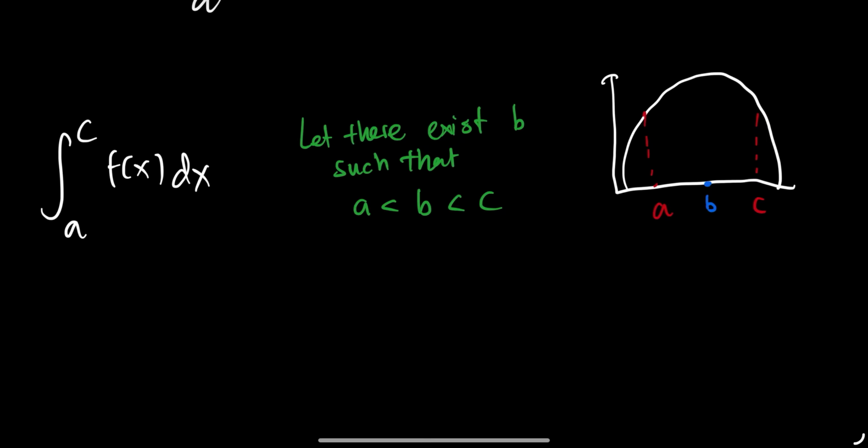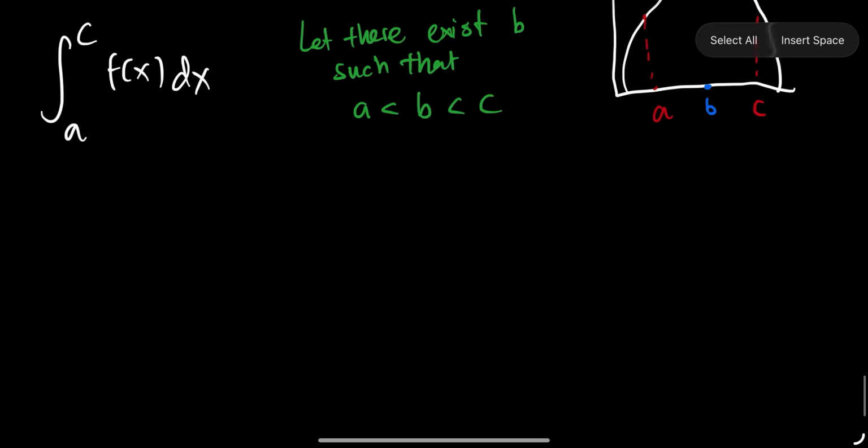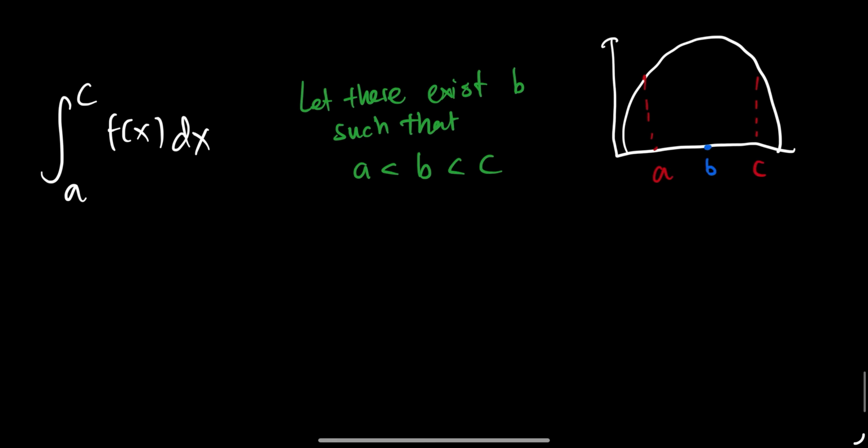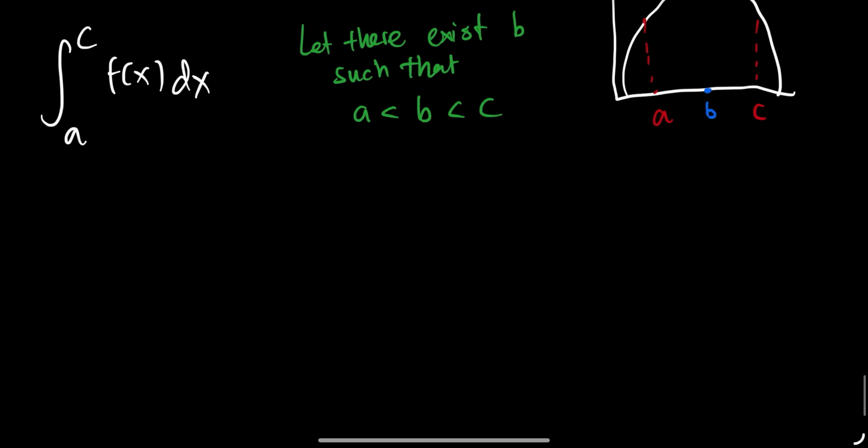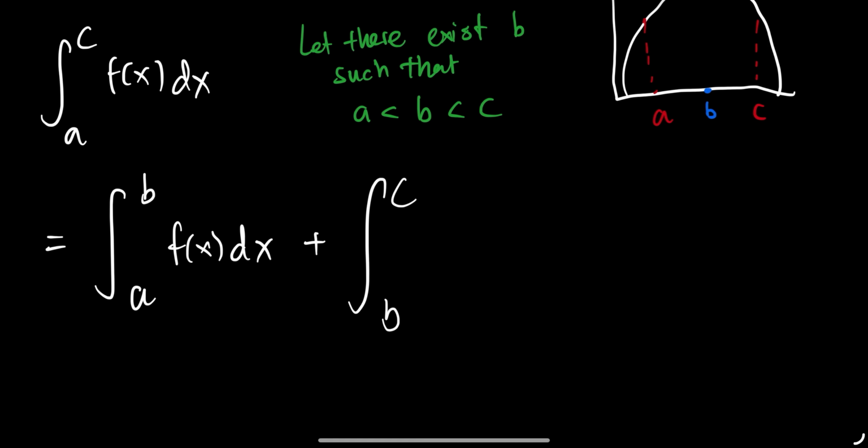Okay, so we know that the integral of a to c is, well, the area under the graph from a to c, right? But what if we just split it? Can we do from a to b of f(x) dx plus b to c of f(x) dx? Is it the same thing?